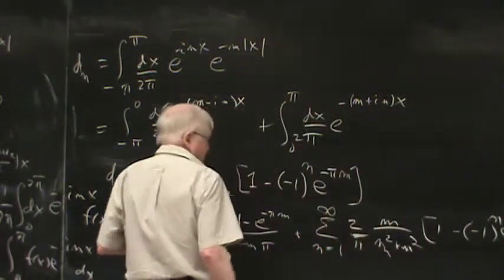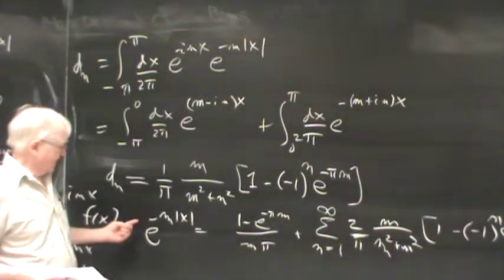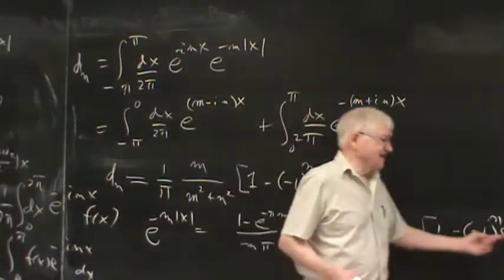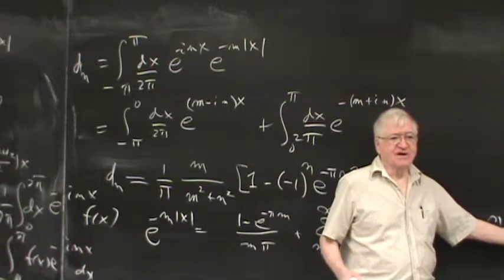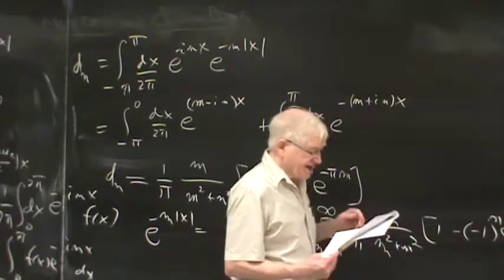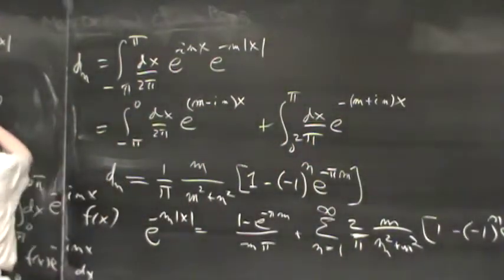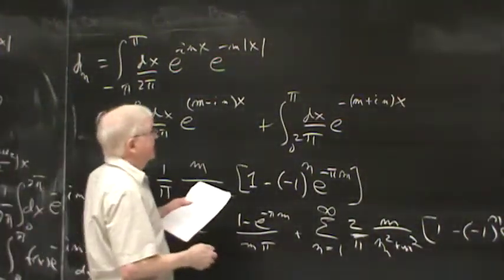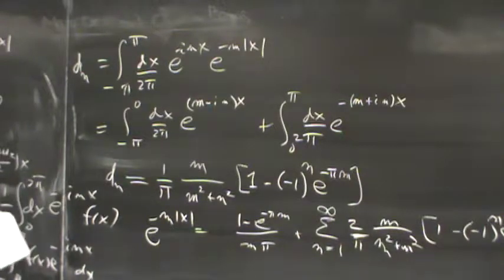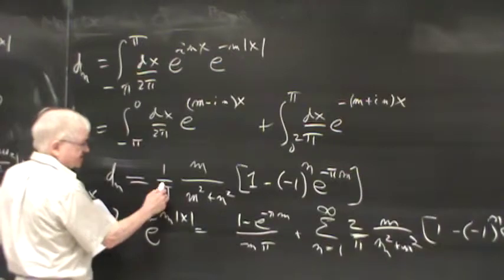So you can see two things happening. If you've read ahead, you can see that since this function starts out real, it turns into a function involving sines and cosines eventually. Secondly, since I took m to be real, in fact positive, d sub n and d sub n star are the same.